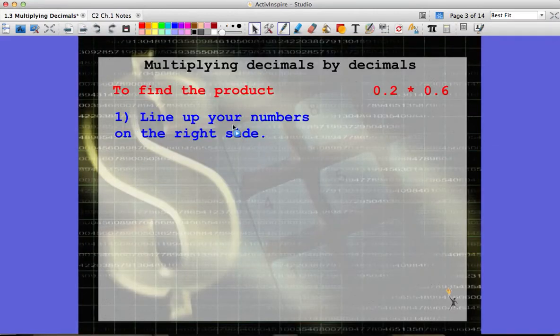To find the product when multiplying a decimal by a decimal, first you line up your numbers on the right side. So you don't worry where the decimal is, you just line up that right side. So in this case, since we're doing 2 tenths times 6 tenths, you line up the 2 and the 6.